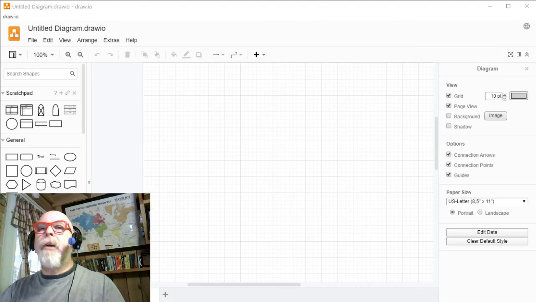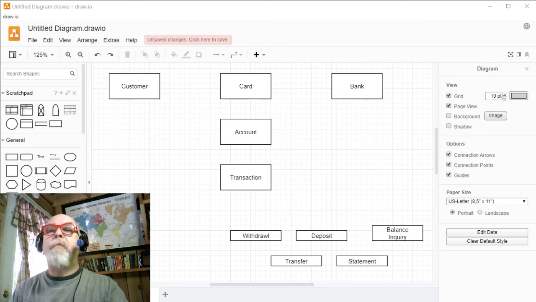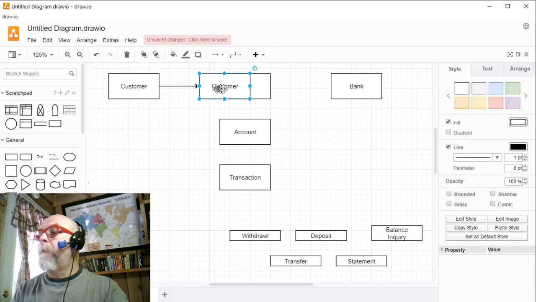So I'm going to go here into Draw IO, and I'm going to add all of the entities. Be right back. So I've put all of the entities here by grabbing the entity here from the scratch pad and drug them where I wanted them and put the names on them. Now I'm going to add the relationships of customer to card, customer to card.